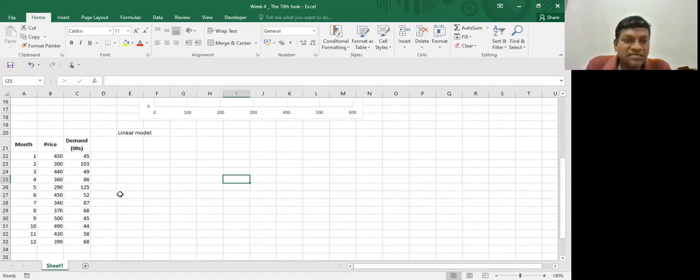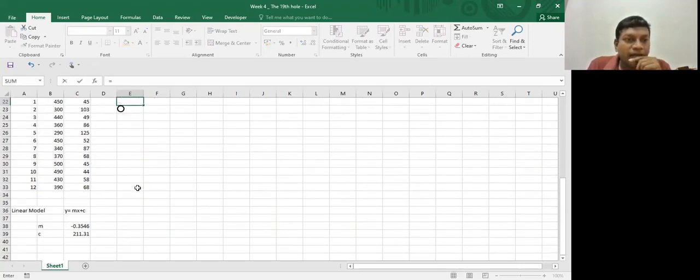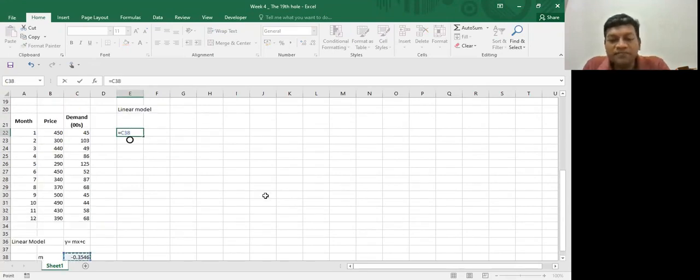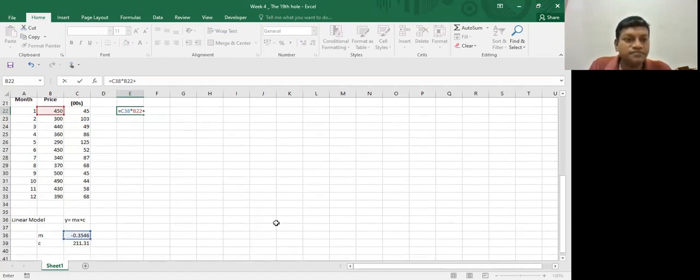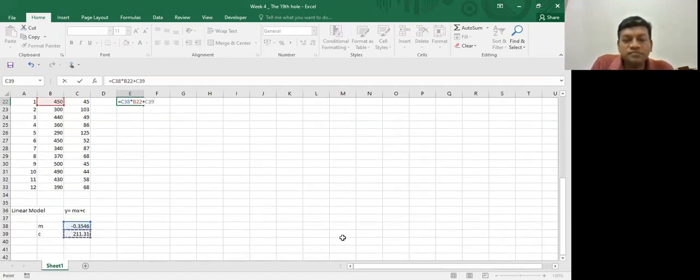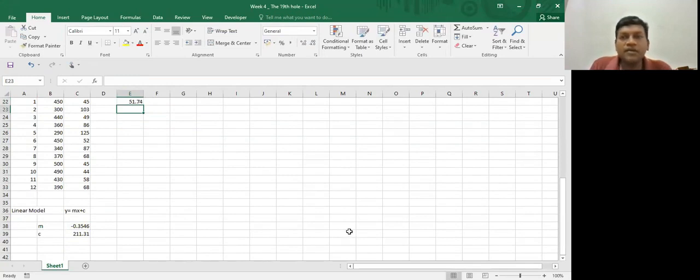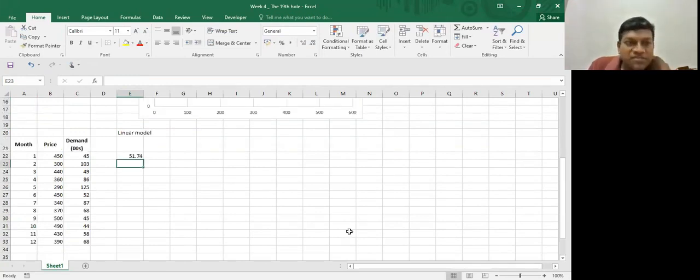It says the demand is going to be M multiplied by X, where X here is the price, plus C. So the linear model is predicting a demand of 51.74.